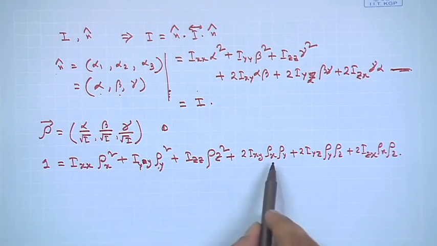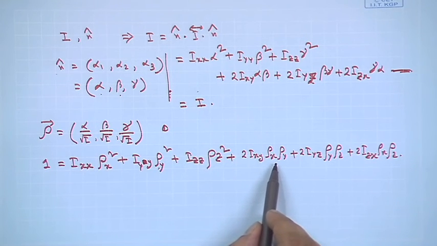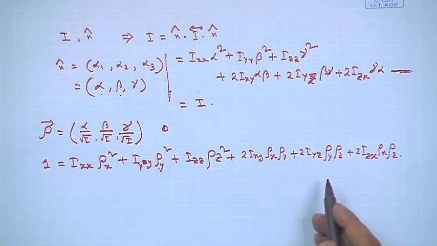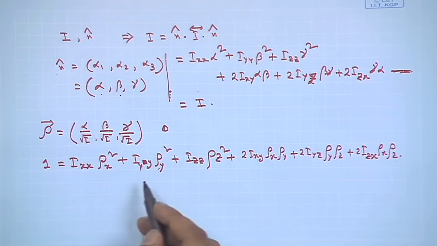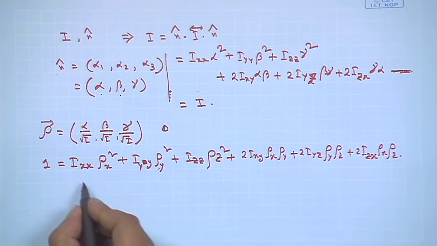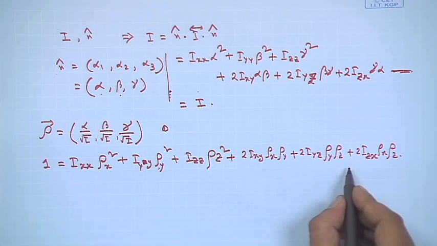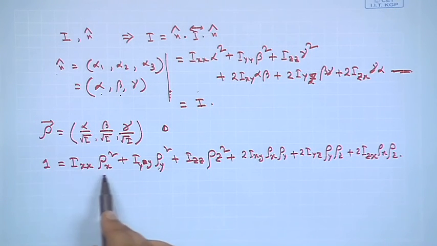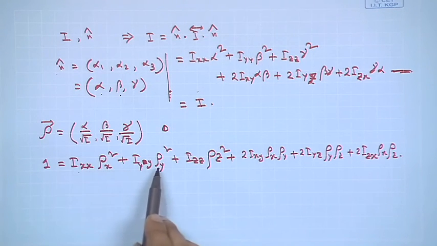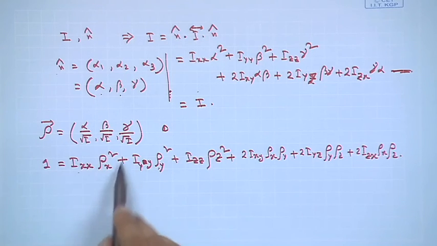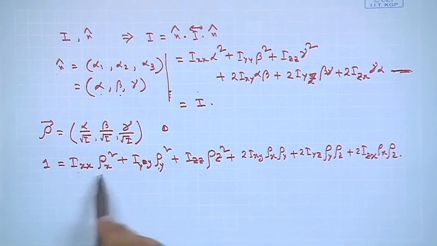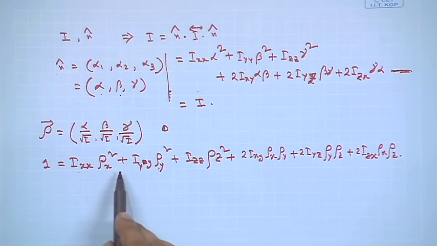Now, look at this equation. This equation is an equation of an ellipsoid. So, it represents a 3D surface.